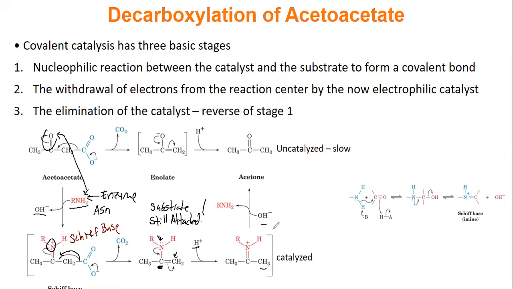Then we can just use a base and remove our amine group, and we are at acetone. Here, it kind of looks like an acid and base reaction, right? We have acid and we have a base. But this is actually covalent catalysis, because to get to the transition state, here's our transition states, we really need to covalently attach to our substrate, which allows us to kick off the CO2.